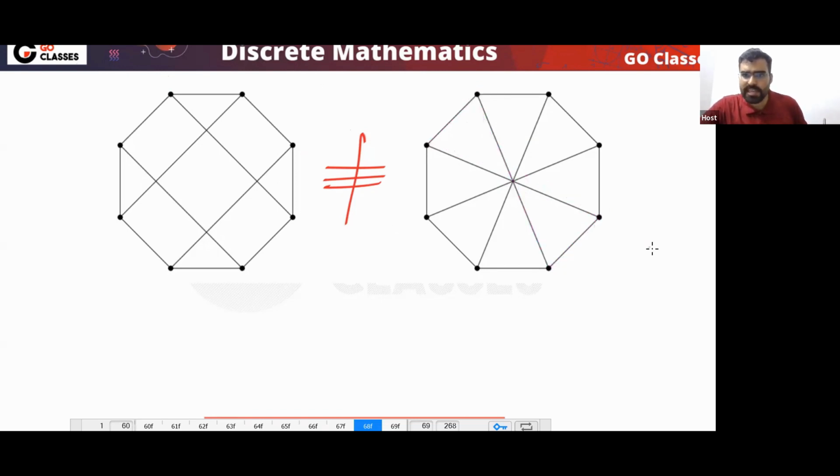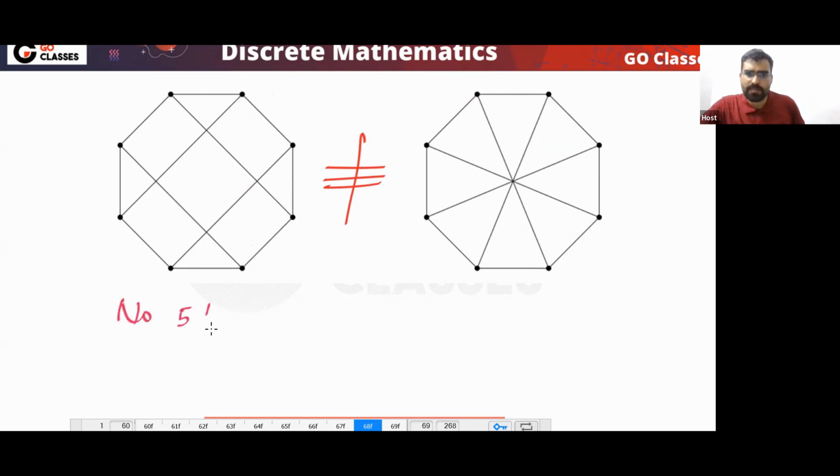So the 4-length cycle is not a problem. What about a 5-length cycle? Here we have a 5-length cycle. You can create a 5-length cycle like this; if you take these vertices, you will get a 5-length cycle. Here, can we create a 5-length cycle? In this graph, I think there is no 5-length cycle, right?